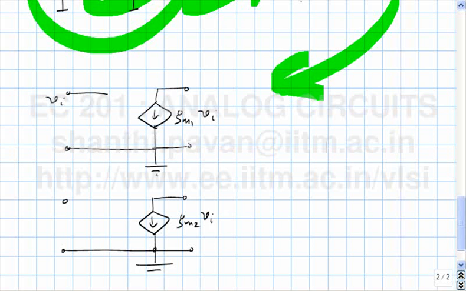This is ground, and I will connect these two together, and obviously the grounds are the same.